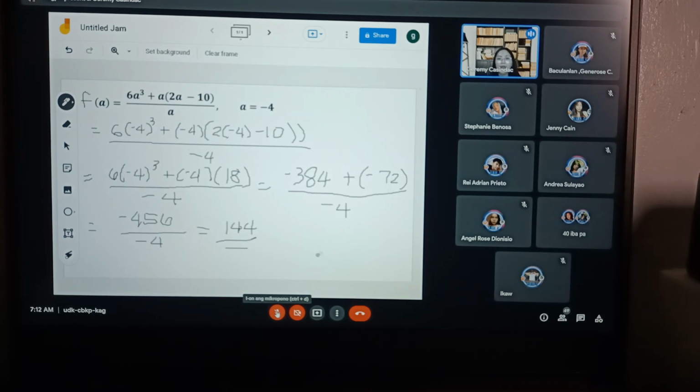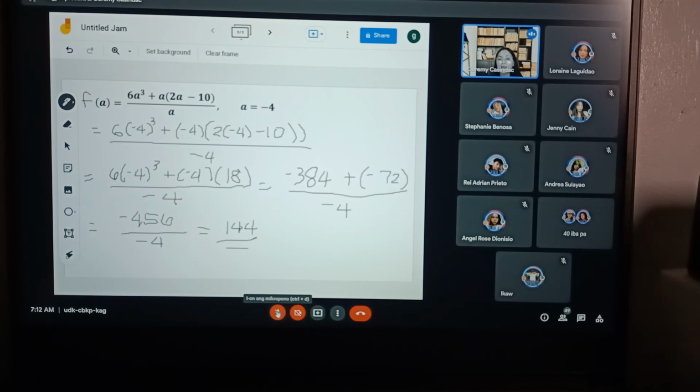Okay. The rest may question or concern ba regarding dito sa example number 3 natin? Wala po. Okay, pakicopy na po. Ma'am, may tanong po ako. Ma'am, paano po naging 64 yung negative 4 raised to 3? Negative 4 raised to 3, that means negative 4 times negative 4, that is positive 16, tama?